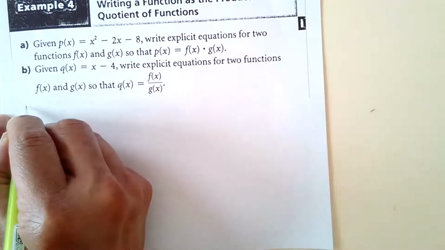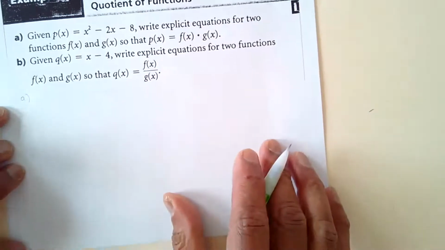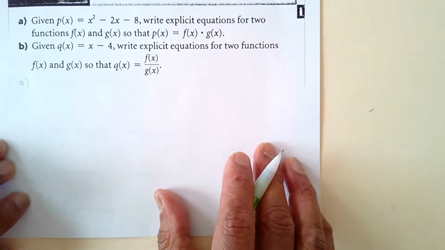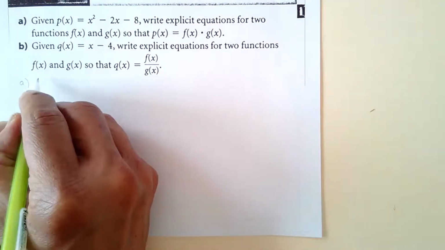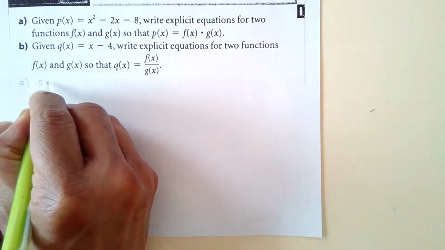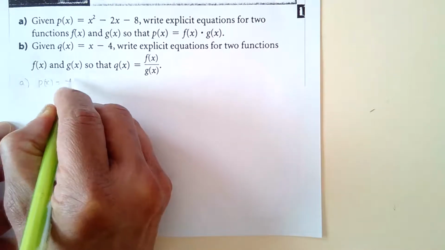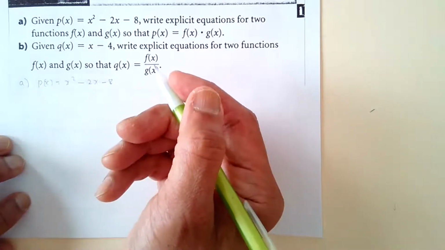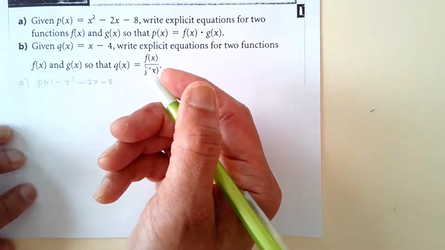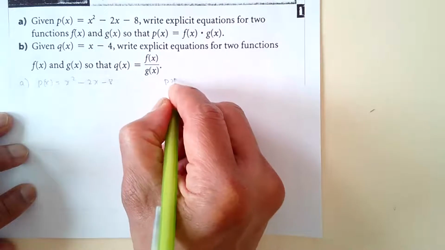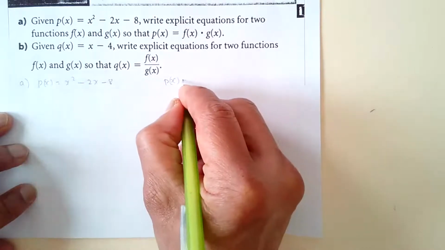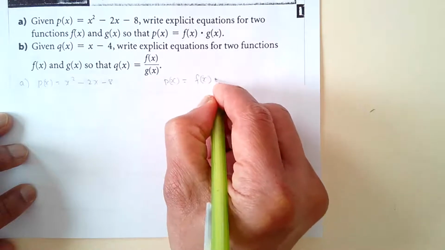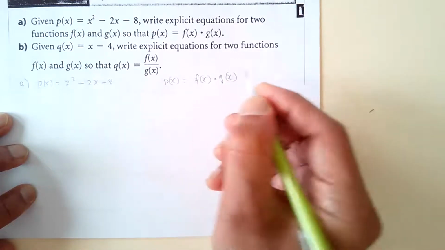So I'll rewrite A. So I have p of x is equal to x squared minus 2x minus 8. So I'll need to change this into p of x is equal to f of x times g of x.